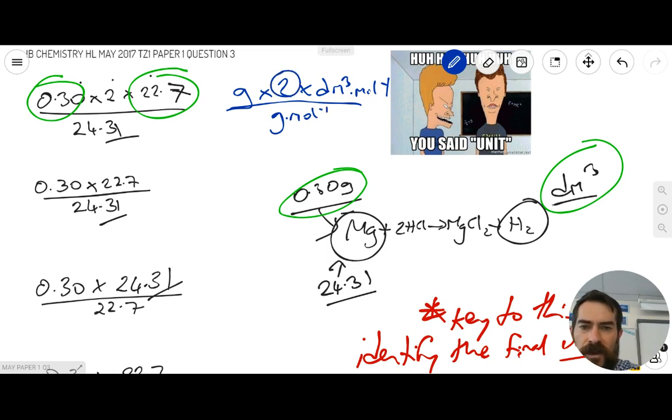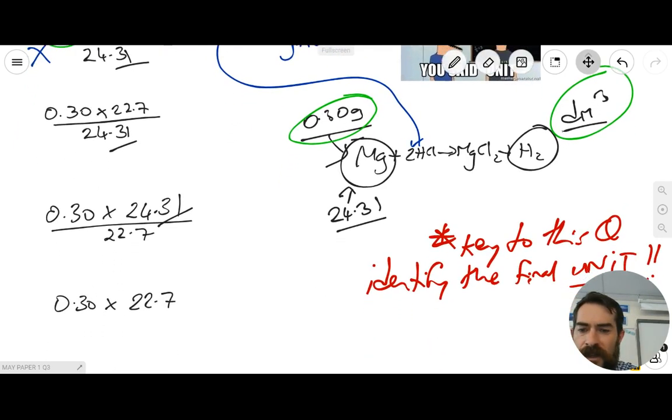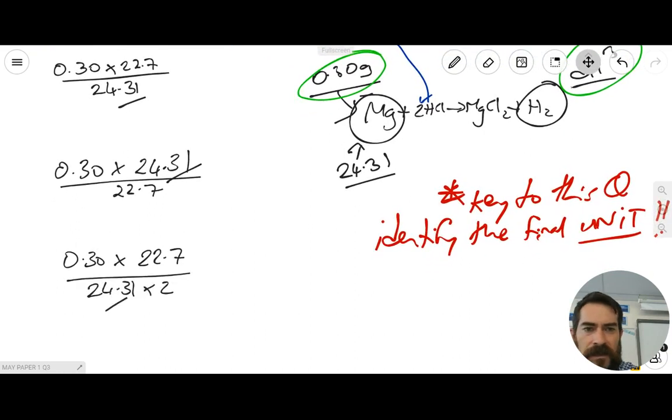Now this 2 is actually trying to trick you into looking at the 2 which comes from the 2 moles of hydrochloric acid. But of course, that's not the reactant that we're focused on here. We were told we were dealing with magnesium. So already we can say the first answer is not the correct answer. That also eliminates very quickly the 4th answer, because in the 4th answer they also use the number 2.